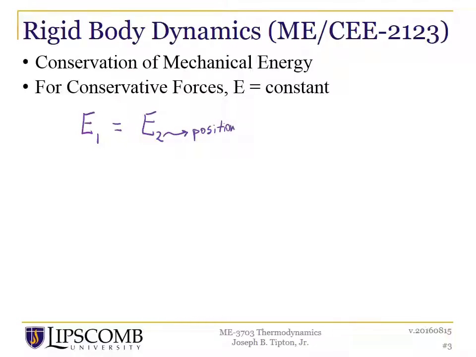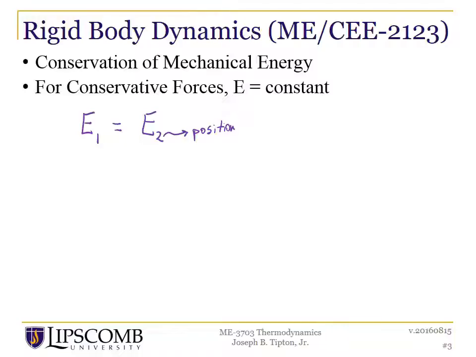And the subscript was my indication for some position in space. So I defined some sort of system, and it could have one position in space, and then it could go through a process and end up in a second position in space. And I would say that at each of those two states, the energy in the system was constant. It was conserved.